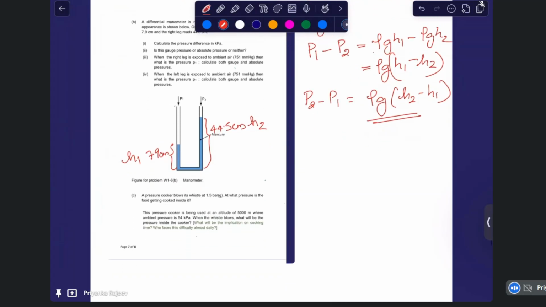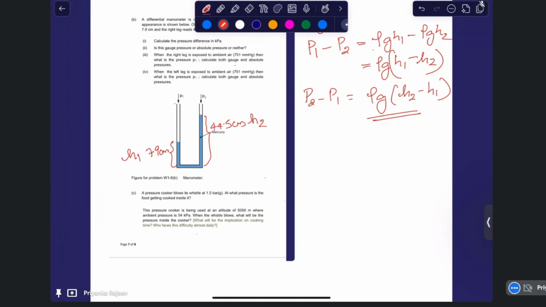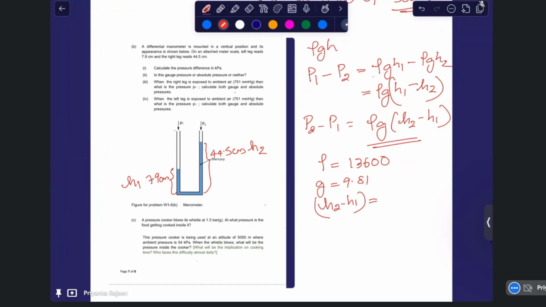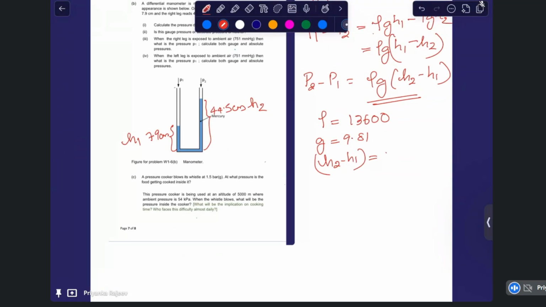So if you are taking the liquid to be mercury, rho for mercury is, okay, then g is 9.81 and H2 minus H1 here is 44.5 minus 7.9, which is equal to 36.6 centimeter.